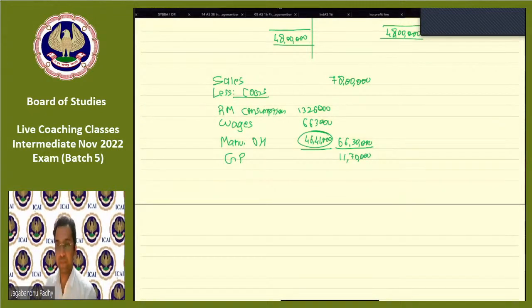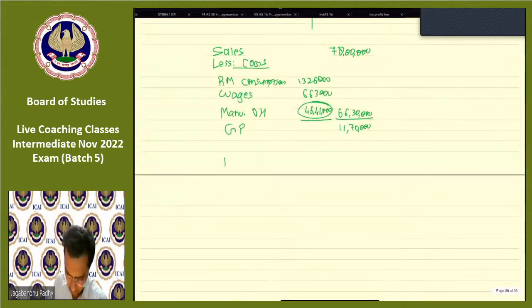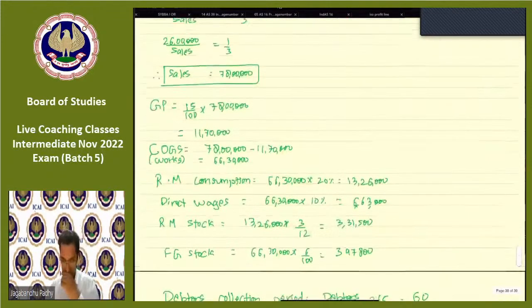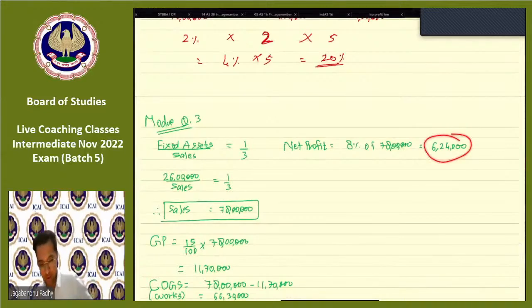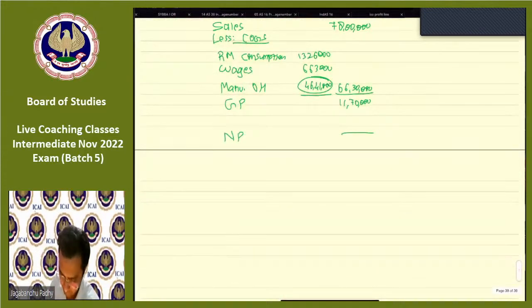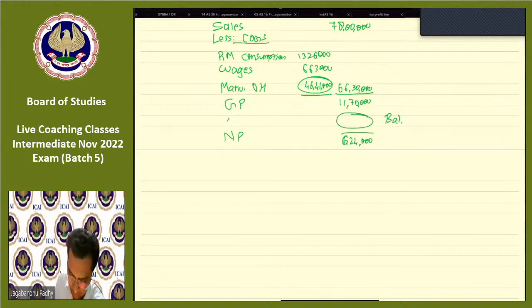Right? 11,70,000. And then we directly have the net profit figure, which we have computed as 6,24,000. Net profit is 6,24,000. There's no other information available to us. So this will be like a balancing figure, which will say that admin and selling expenses. Admin and selling expenses will be the balancing figure.